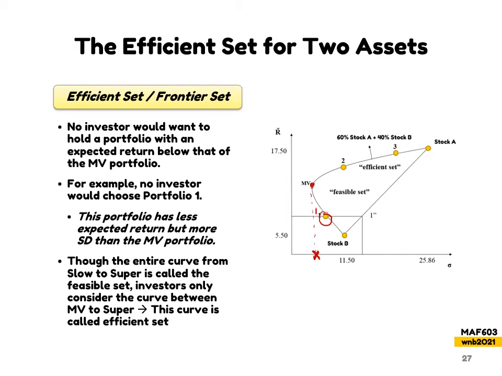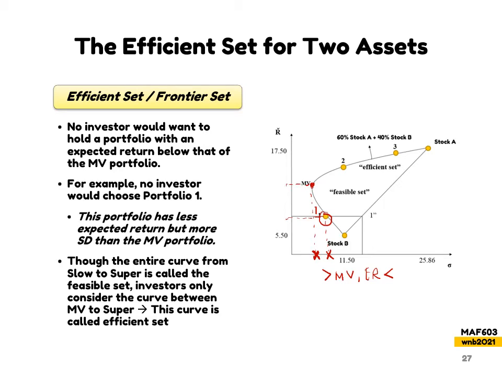Why do we say that no investors will choose portfolio 1? Because for portfolio 1, the risk is bigger than the minimum variance, while the expected return is lower than the minimum variance portfolio.